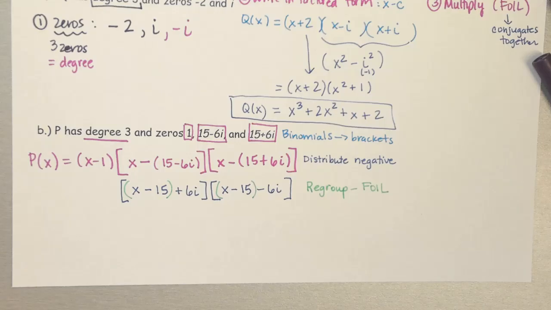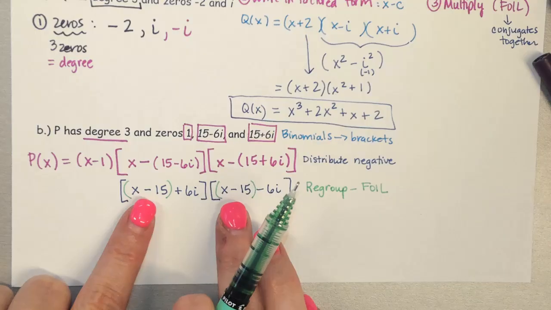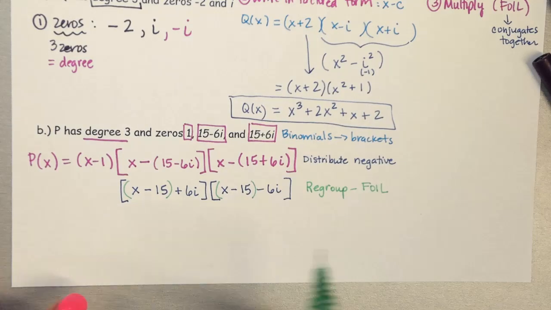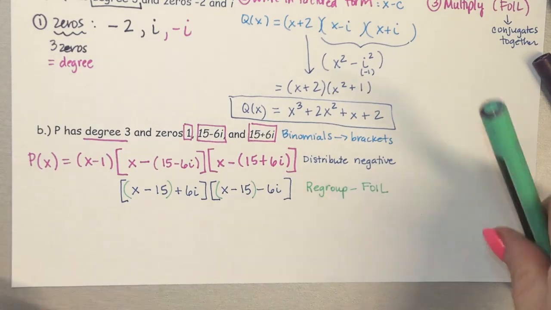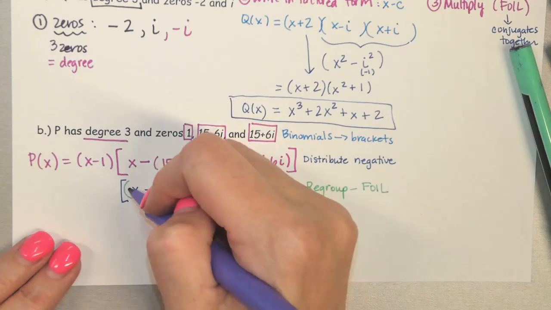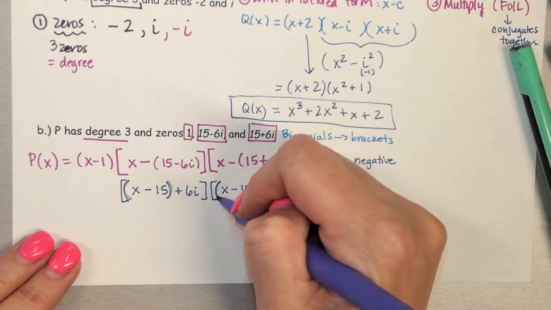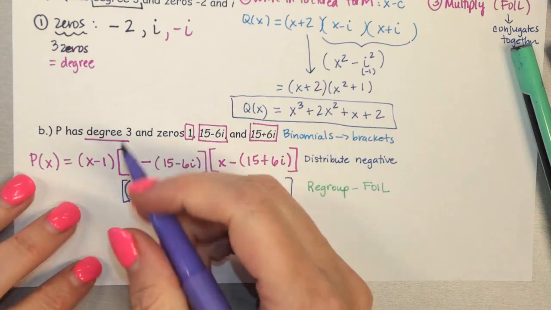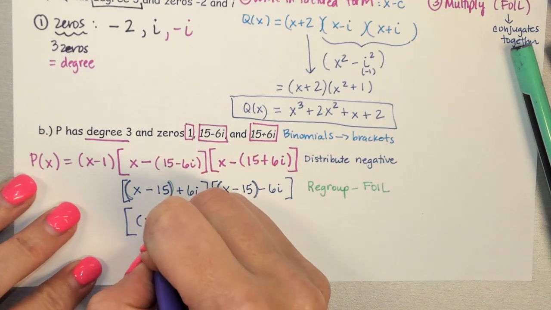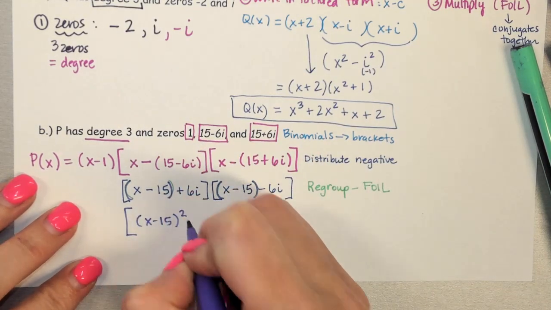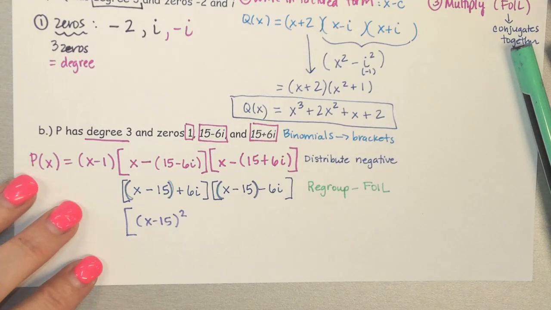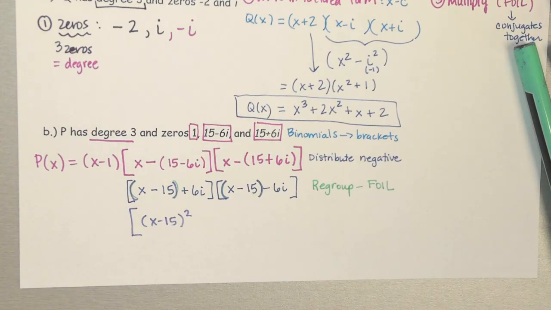Okay, and when you are FOILing, what you're going to do is multiply the first term by the first term. Because we regroup these, our first term is now x minus 15 and x minus 15. Okay, so when you multiply those together, it's x minus 15 squared. That's the first times the first.